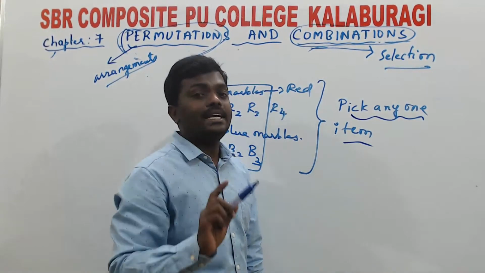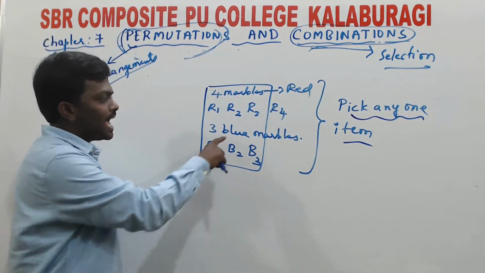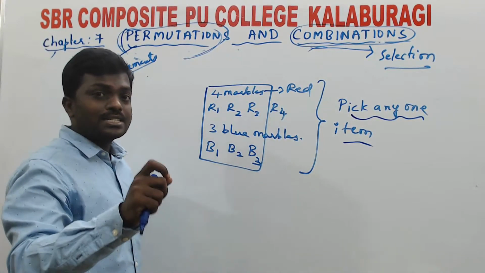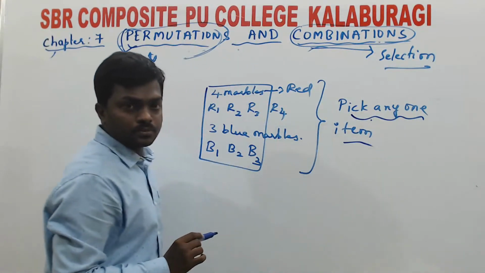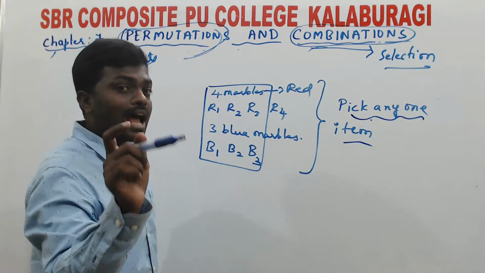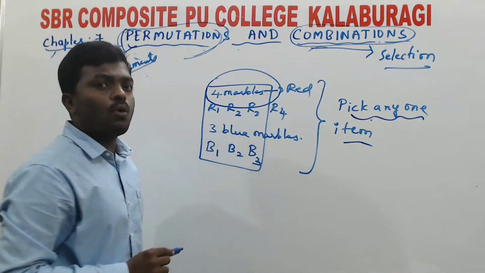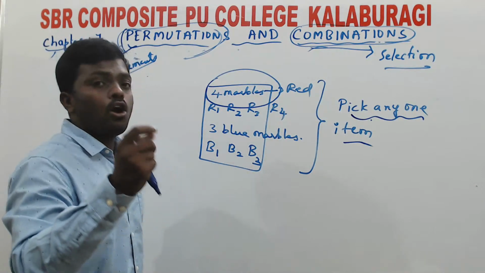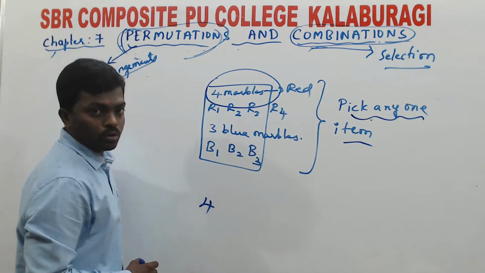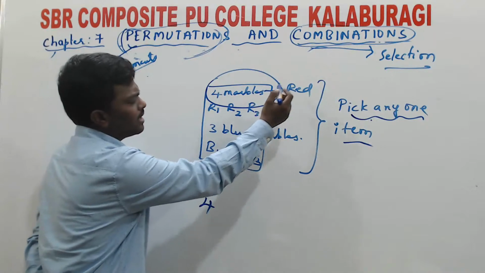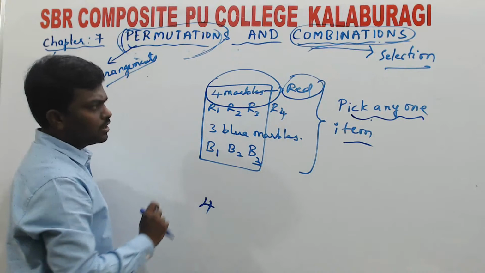Pick any one item. Now look here. This bag has four red marbles and three blue marbles. What is the operation or event given here? Pick any one item. Is that clear? Here the event is picking a red marble. How many options do we have to pick a red marble?